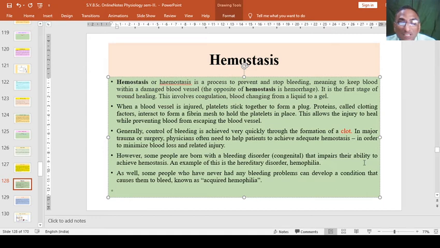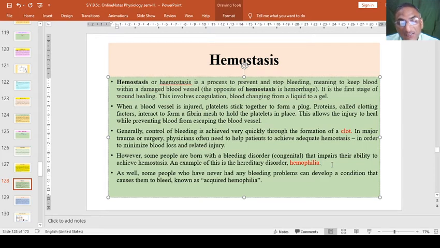Some people achieve hemostasis very early, instantly, and some take more time, and therefore this is a disorder. An example is the hereditary disorder called hemophilia. Hemophilia is an example of a disorder in which these people do not show fast clotting of blood and the hemorrhage is continuous in such people.